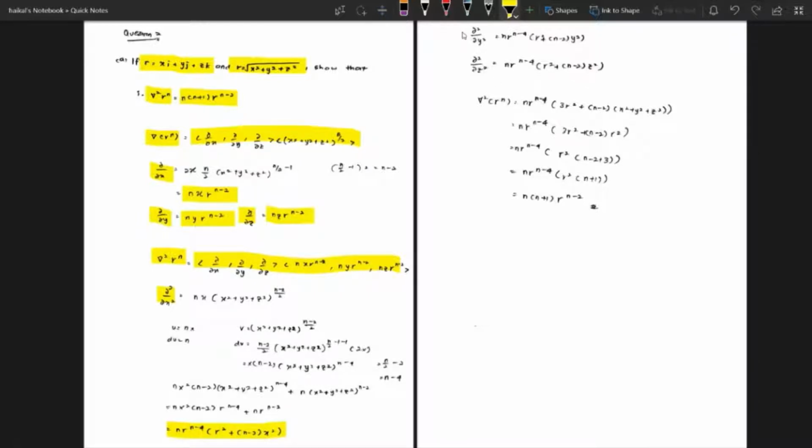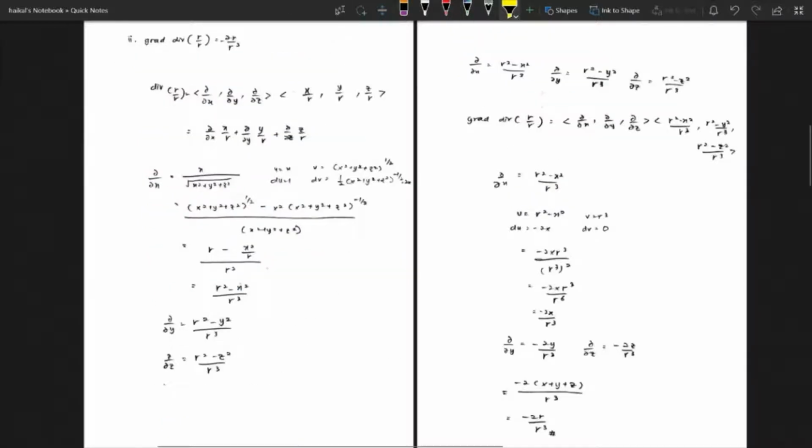For partial square over partial y square, we get n r to the power of n minus 4 (r square plus n minus 2 y square). For partial square over partial z square, we get n r to the power of n minus 4 (r square plus n minus 2 z square). So we total up, we get like this, and then when we simplify, we get n(n plus 1) r to the power of n minus 2.